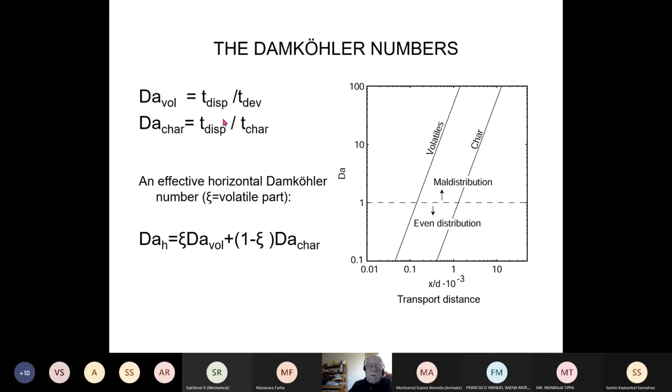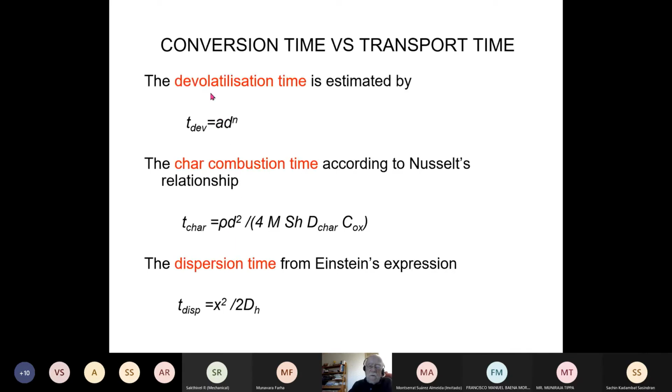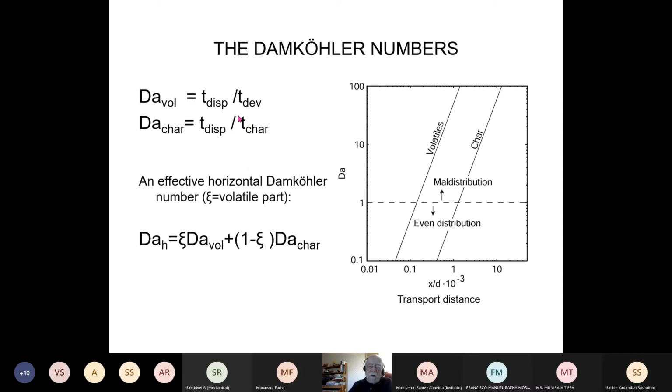So what I do is that I take these previous expressions and put them here, and then I can plot those two relationships in a diagram of Damköhler number, logarithmic scale here, and another logarithmic scale here, and I get this line for the volatile relationship, and this curve for the char.